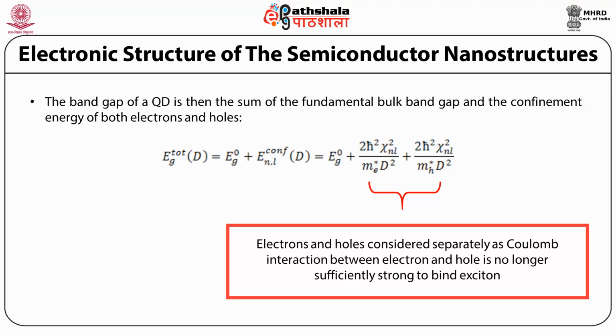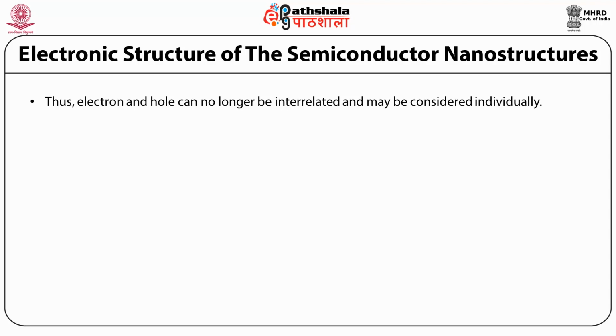So at R very much less than a0, the kinetic energy of the charge carriers is even now much greater than their Coulombic interaction. Thus, an electron and a hole can no longer be interrelated and may be considered individually.